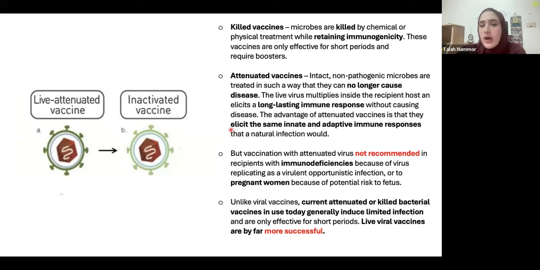Why? Because these vaccines are attenuated viruses. They're not toxic, but if patients are already vulnerable, it can be risky. We don't want to risk these patients, they already have enough. Specifically the immunodeficient ones, and a pregnant lady, you don't want to affect her baby.